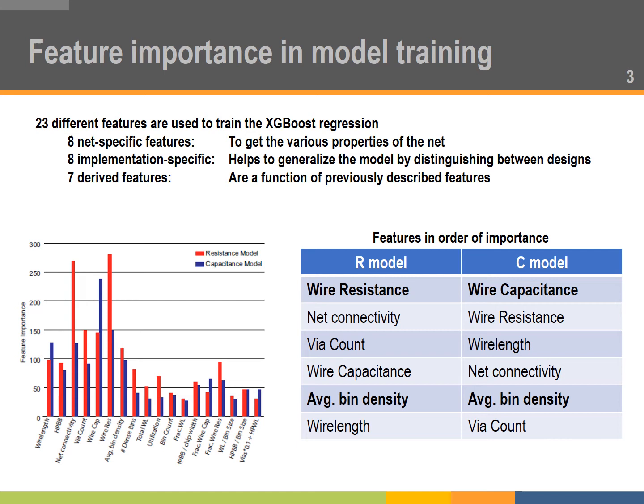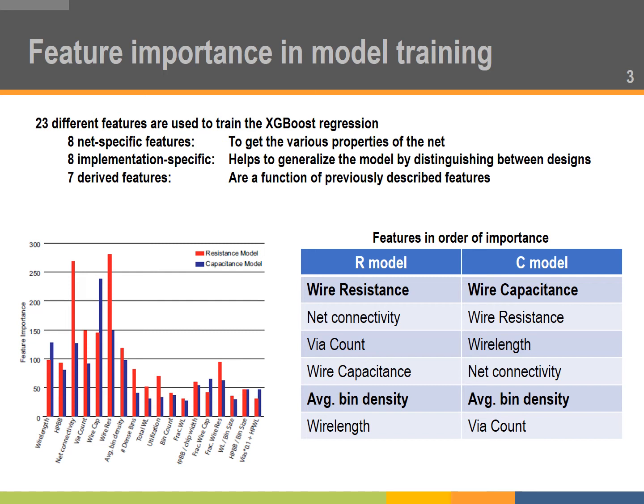So this can differentiate between two different netlists, and so the model can have slightly different estimations for different types of netlists. And 7 other features are derived from the previous 16 features, like a linear combination of 2 features, or a multiplication or a division of 2 features that we think would be interesting.